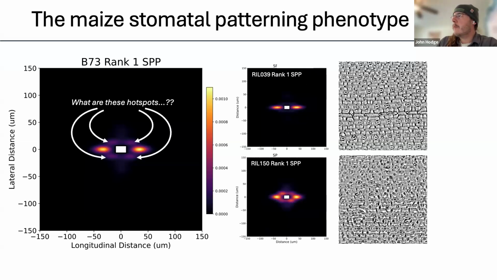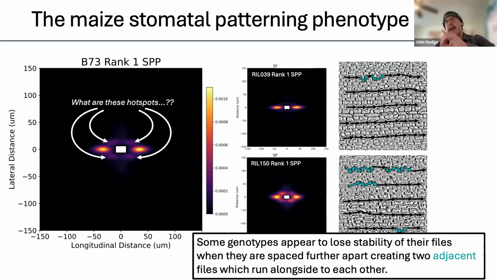As we look closely at the micrographs, one thing that becomes clear where those little hot spots are emerging is that the files are so far apart that the file system gets confused. And so you end up with these zigzagging adjacent files where they're competing with each other because they don't really know where they should go anymore. So we already kind of knew that this was going on.